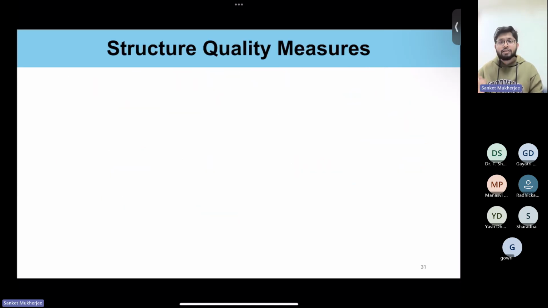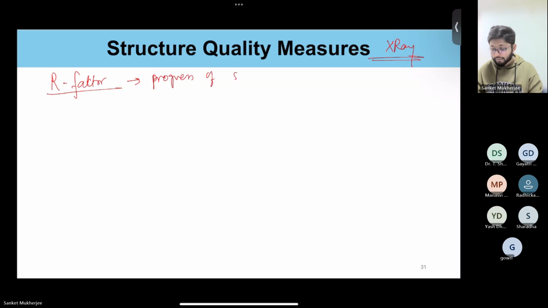Now, when you get the structure, you need to have certain quality measures. For that, there is a measure called R factor. Let's say in case of X-ray diffraction, the R factor will give you the progress of structure refinement.